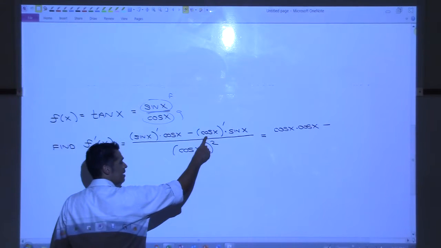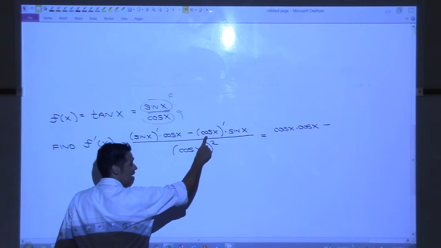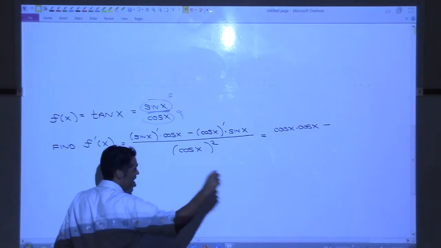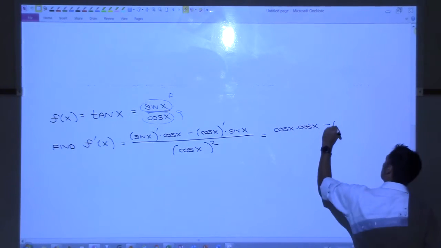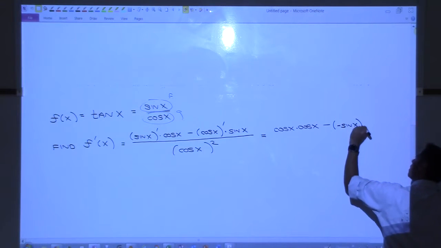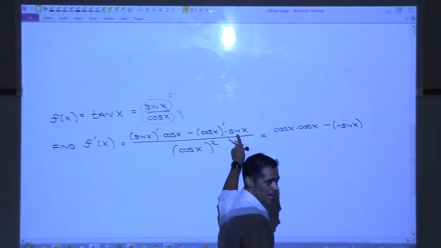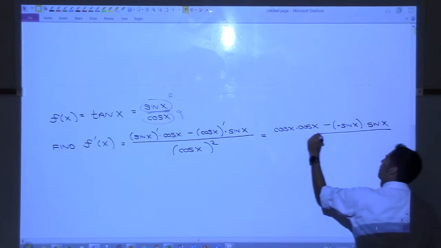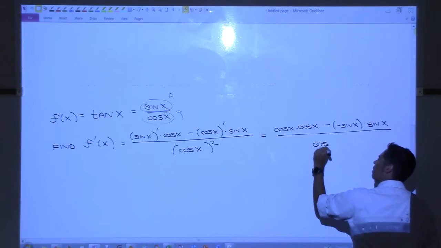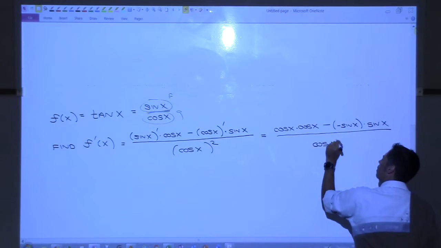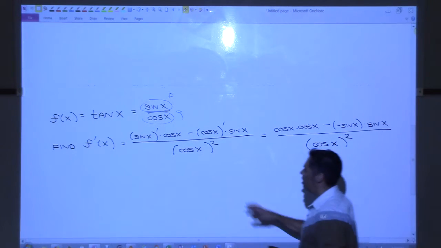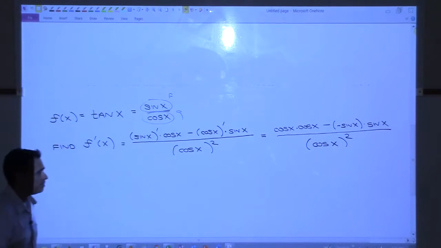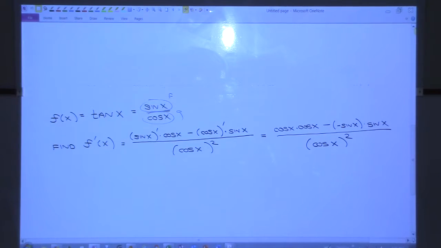Derivative of cosine x is not sine x, almost sine x. Negative sine x times sine x again, right? All over cosine of x squared. You do not touch this one, right? That one just stays. All right, y'all good with that?